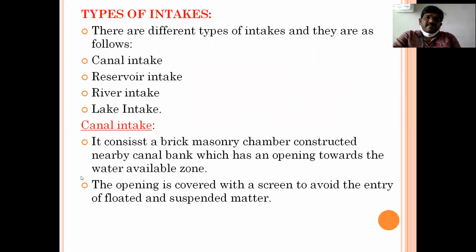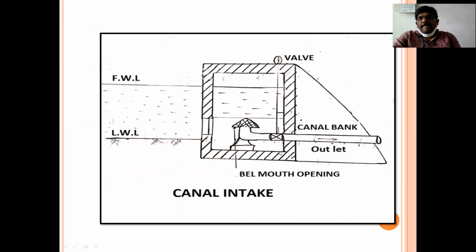Now we entered the types of intakes. The canal intake is over. See, the water will be collected through a bellmouth opening, which is constructed at the bank of the canal. See here, FWL and LWL, full water level and low water level.